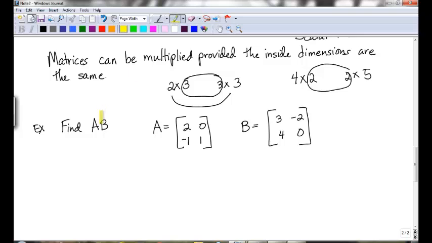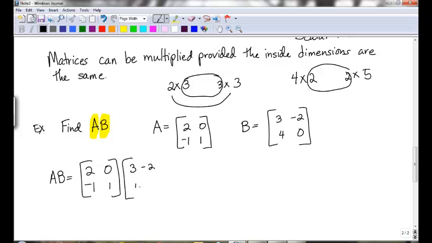You look at the order that it's written here, AB. So you put them right beside each other. First, it's a 2 by 2 and a 2 by 2, so our answer is going to be a 2 by 2. Here's what you have to fill in.